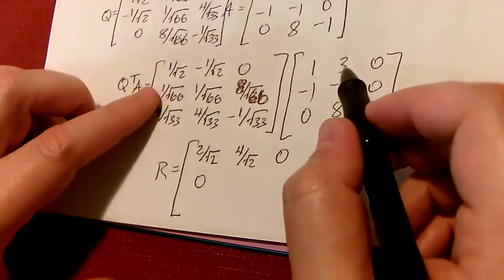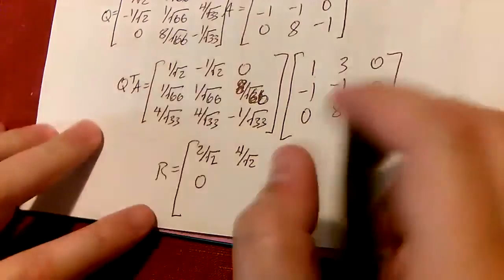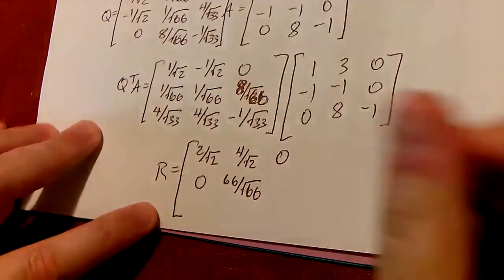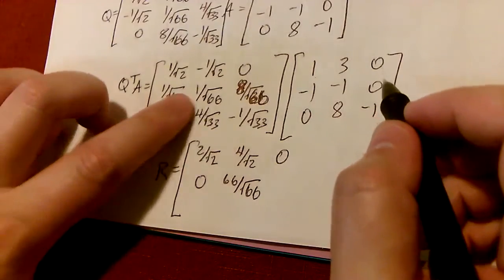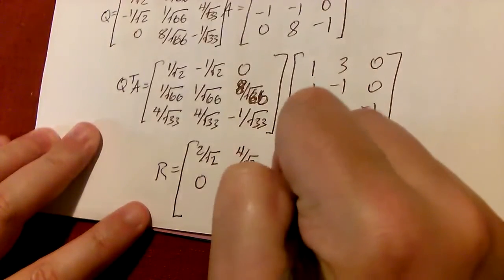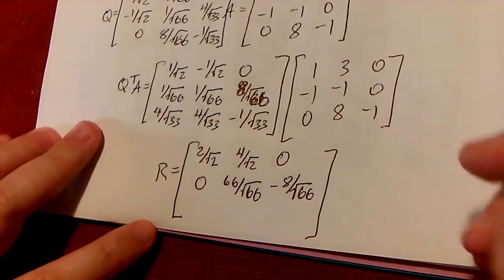So let's go back to what we had. I got 3 minus 1 is 2 plus 64, so I've got 66 over the square root of 66. And then second row, third column: 0, 0, and negative 8 over the square root of 66. Okay?